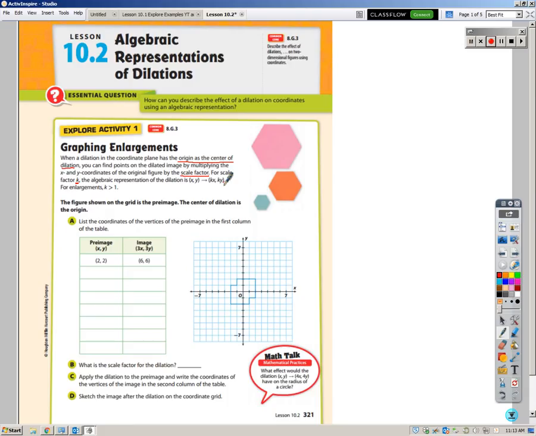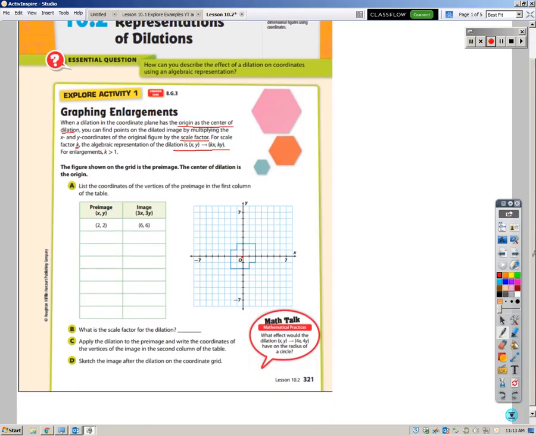So we're going to go ahead and actually do that now. We're going to take the figure shown below on the grid, which is the preimage, and the center of dilation is the origin, right? So that's telling us that we can use this rule right here, because the center of dilation is our origin. So first thing we're going to do is list the coordinates of the vertices in the preimage on the first column on the table. So I'm going to go ahead and scroll up here.